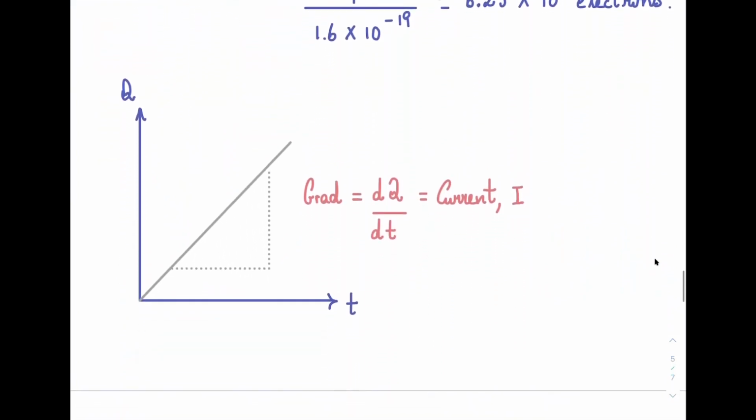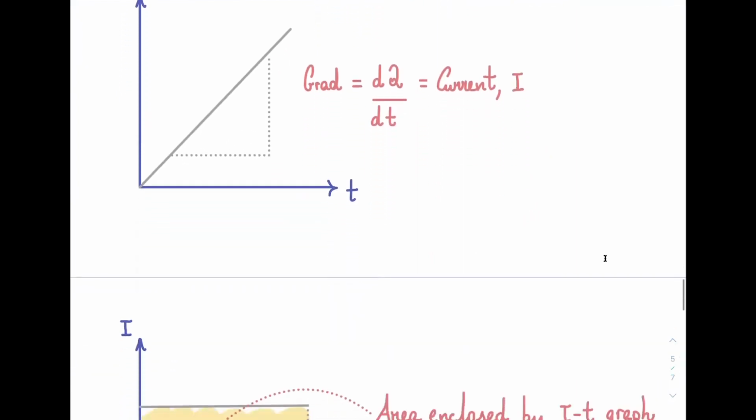If we consider a graph of charge against time, the one I'm showing, with the charge on the y-axis against the time on the x-axis, then you must note that the gradient dQ by dt is equivalent to the current I. So the gradient gives the instantaneous current in the circuit.